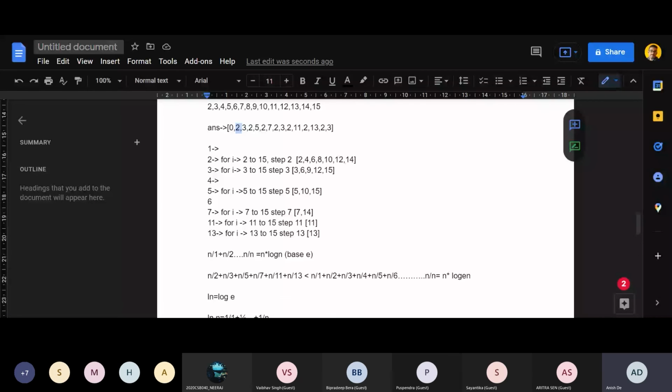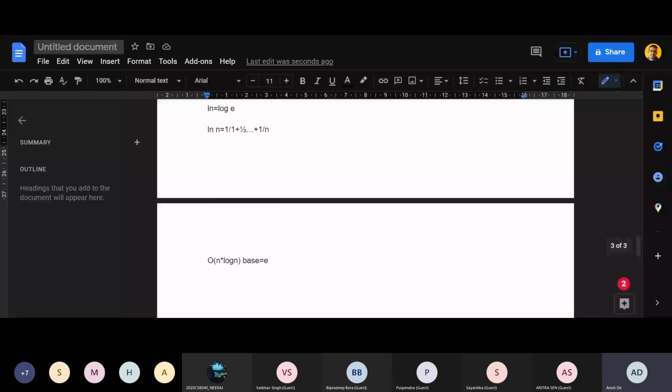So there is a variety of applications of Sieve, and 80% of the problems in number theory are solved using Sieve. So go through Sieve very well. You can find the algorithm on CP Algorithms or GFG. On CP Algorithms, there is a nice write-up on Sieve, so you can go through it.